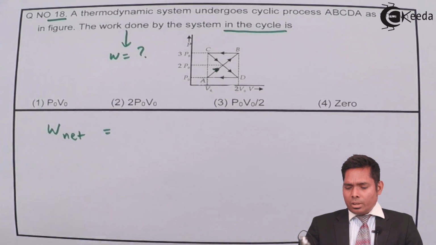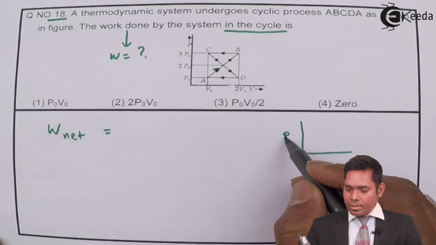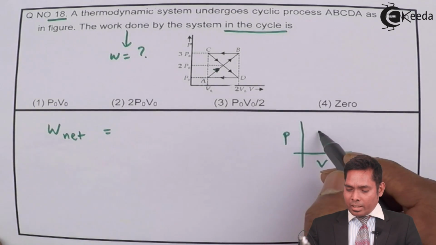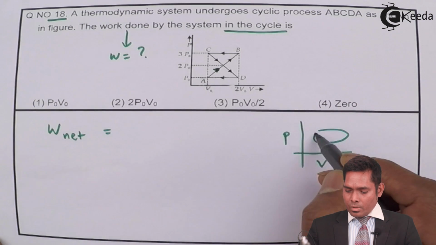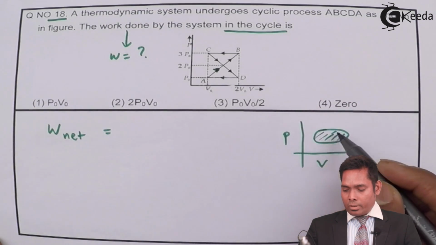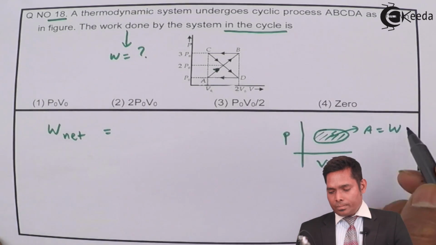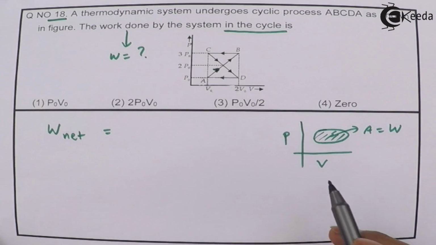Suppose I have a PV diagram like this and a cyclic process like this, then the area under the enclosed curve gives me the work done for any cyclic process.